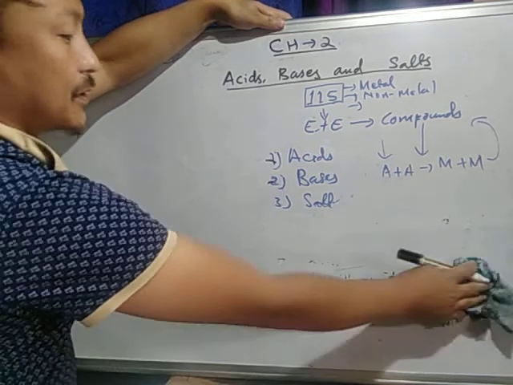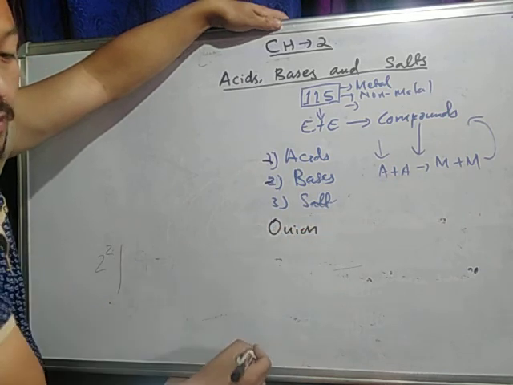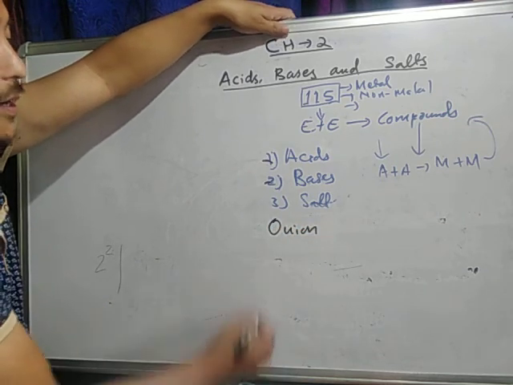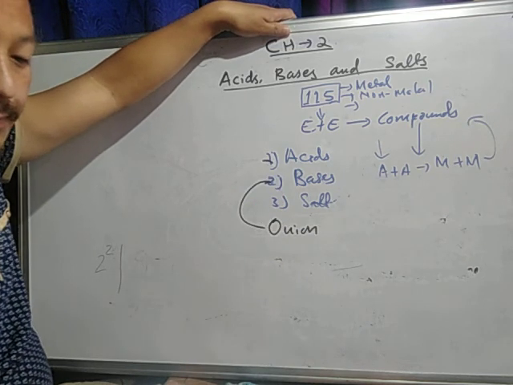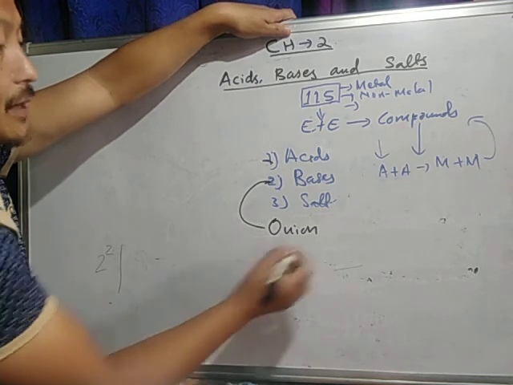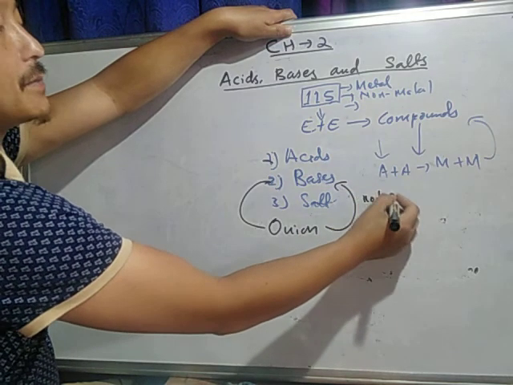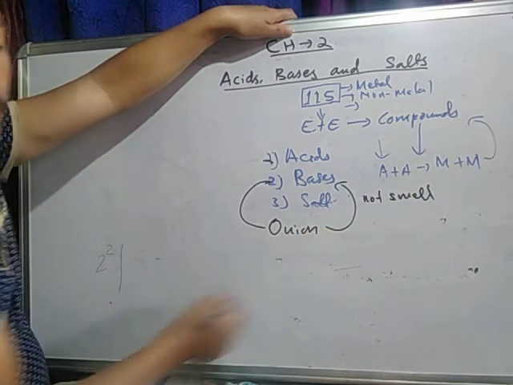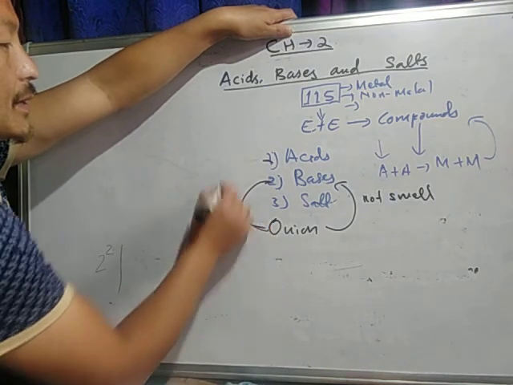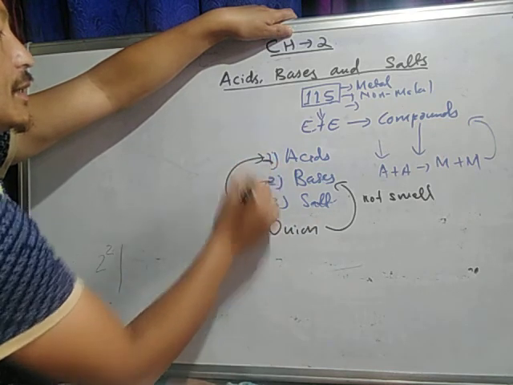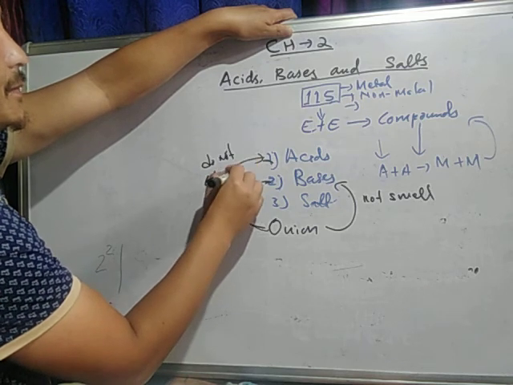First we'll see onion. If you put onion in base, then it will not smell. And if you put it in acid, it does not change its smell.